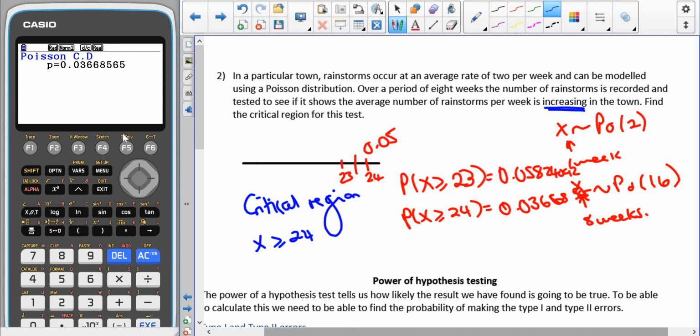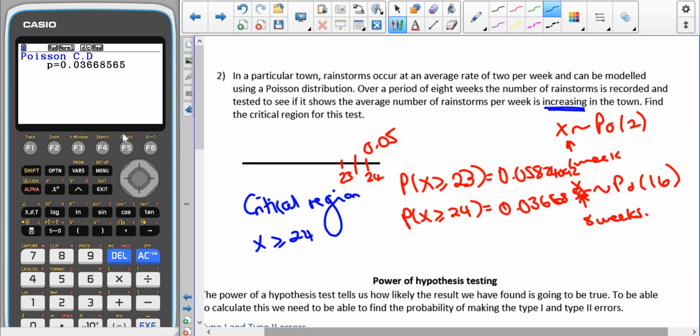Please remember, if you do not have the inverse binomial or the inverse Poisson function in your calculator, you are just going to have to try numbers until you end up with that change between being inside the critical region and not inside the critical region, and that shows you that if those two numbers are consecutive, you have found your critical value.